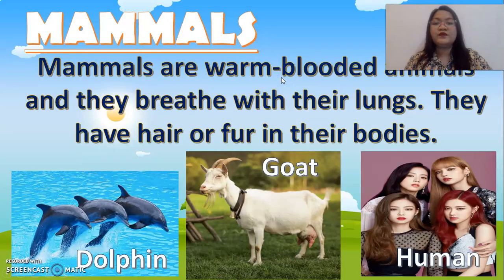And the last one, number 5, we have mammals. So mammals are warm-blooded animals and they breathe with their lungs. They have hair or fur on their bodies. So birds and mammals are warm-blooded animals.